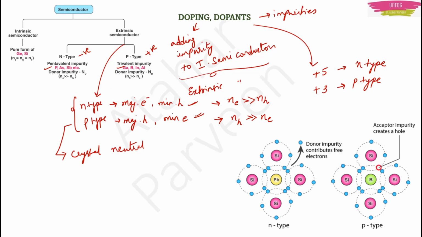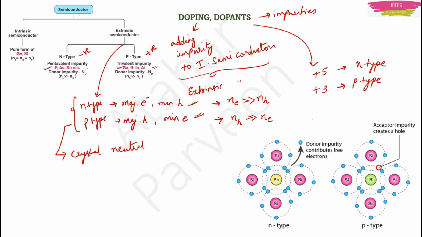If you just remember these elements, they are enough. They are very commonly known elements which are used as dopants. So questions also will be based on these elements only. Now, when we are talking about doping and dopants, we are playing with the covalent bonds.